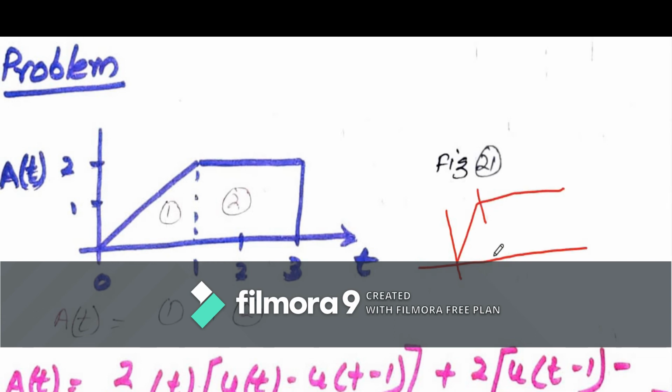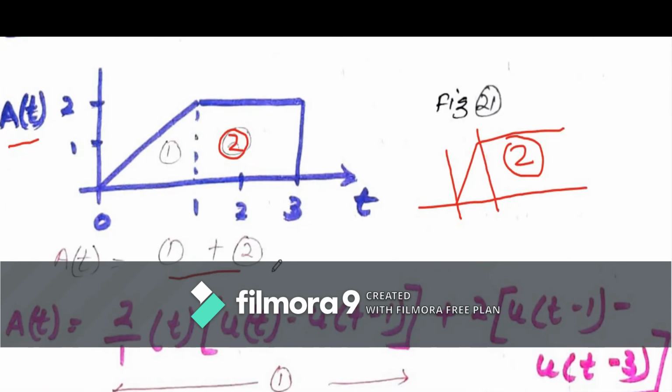Keep this in mind, only this is the difference. So the waveform is again consisting of two parts, 1 and 2. Slope is 2 upon 1 and intersecting at t, so 2t u of t minus 1.